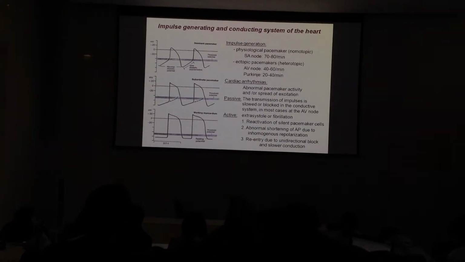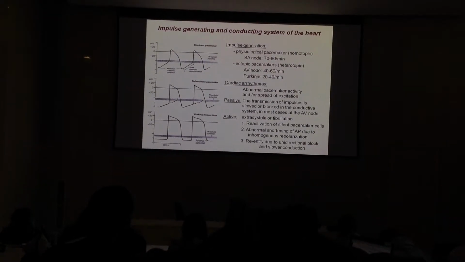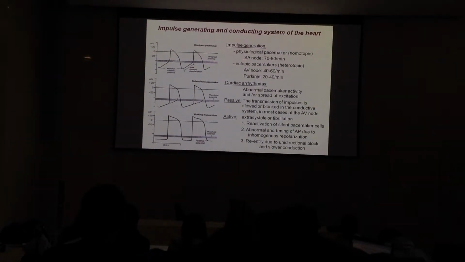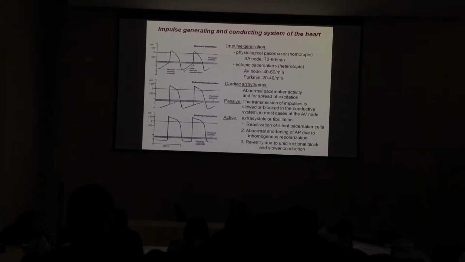Okay, so summarizing, we can say that impulse generation in the human heart can be at the SA node, which is the most important physiological pacemaker center.